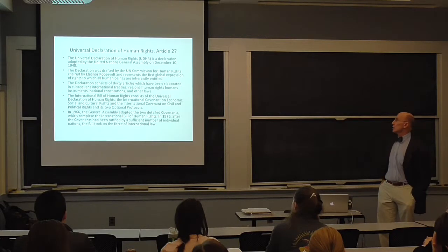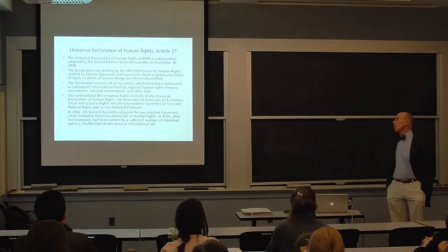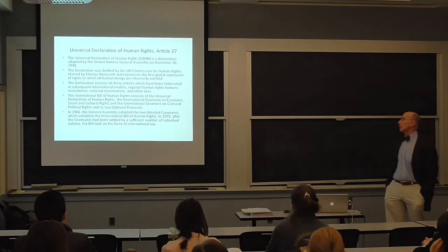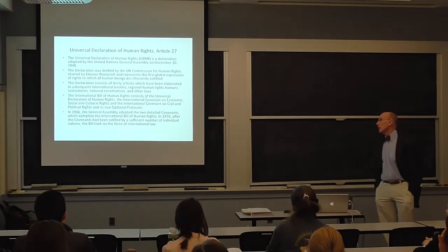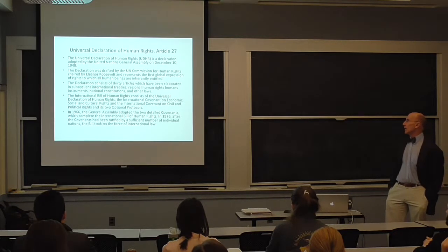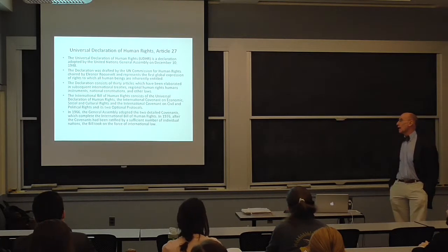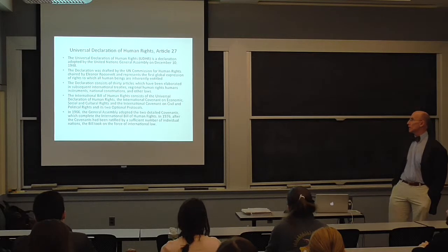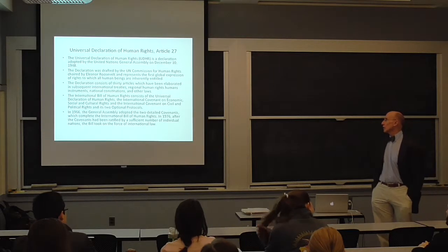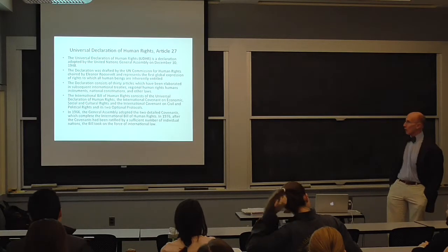The Declaration consists of 30 articles which have been elaborated in subsequent international treaties, regional human rights instruments, national constitutions, and other laws. The International Bill of Human Rights consists of the Universal Declaration of Human Rights, the International Covenant on Economic, Social, and Cultural Rights, and the International Covenant on Civil and Political Rights, and its two optional protocols.